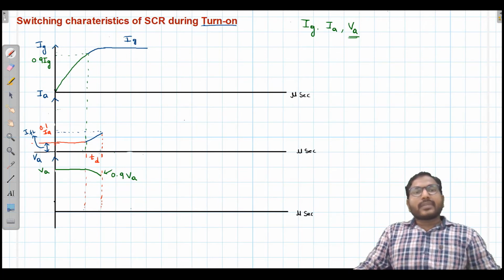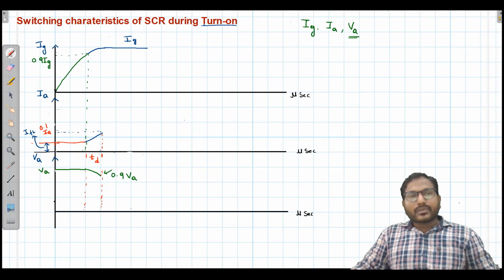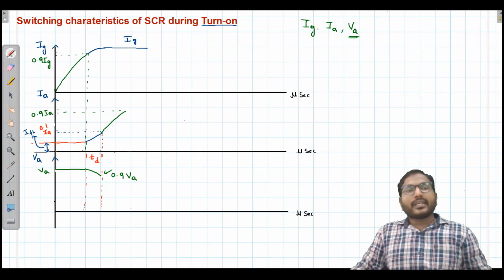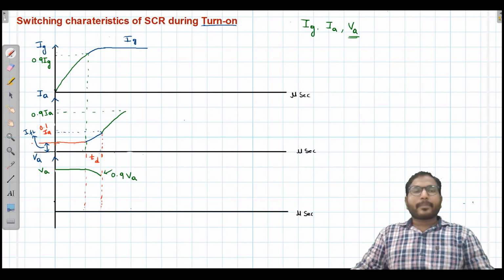Now the maximum gate current is available. Again we can observe the improvement in conduction, means conduction can improve from 0.1 to 0.9 times of IA, that is the conduction increased to 90% of its rated conduction.